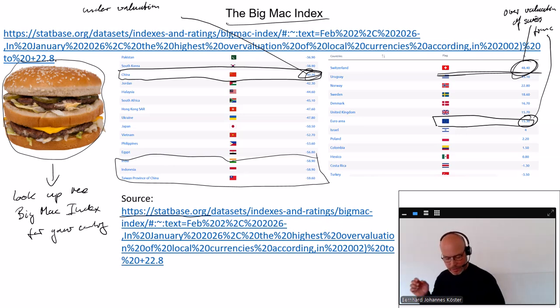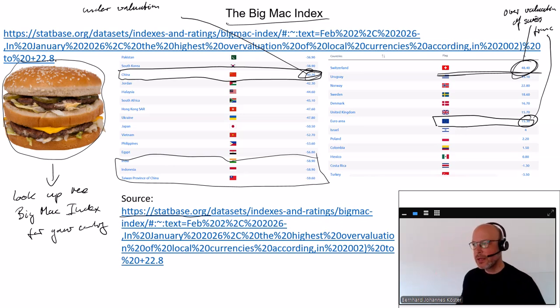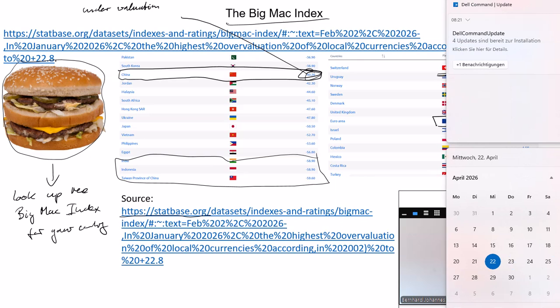So this will be then in the last week of May. Let's see. I think here 27, 28, we will have the talks.